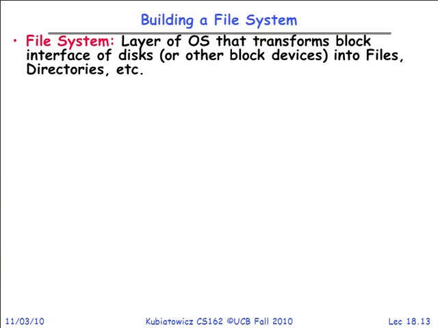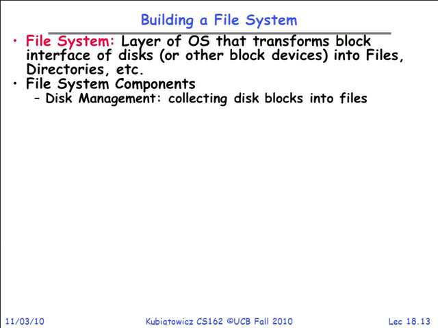Some components of that are disk management, which is turning blocks into files; naming, which is how to turn names into actual locations of items; protection, figuring out which blocks belong to which users; and reliability and durability. These are some of the ilities we often talk about, which is how you make sure that even if the disk starts losing parts of your data, you're able to recover it.